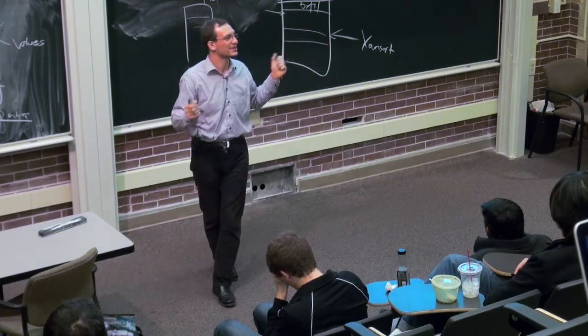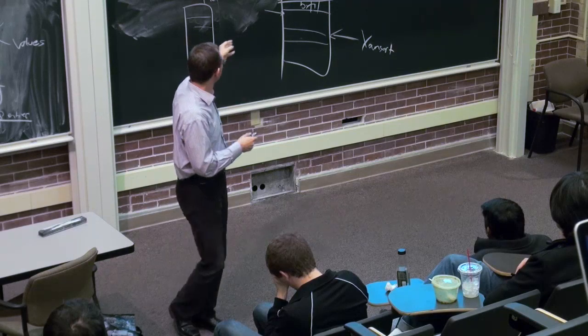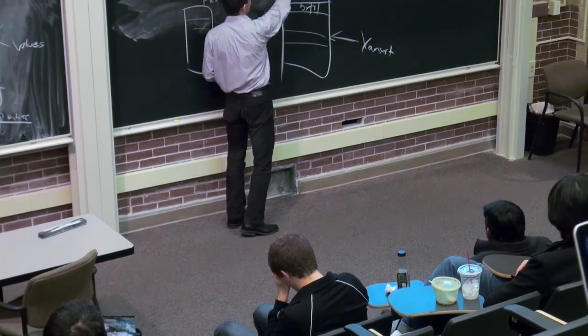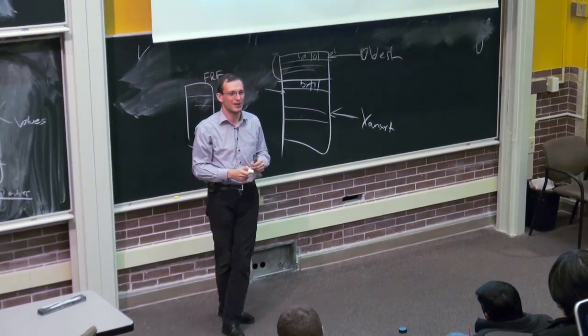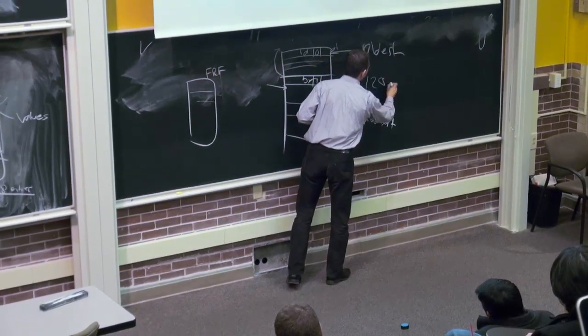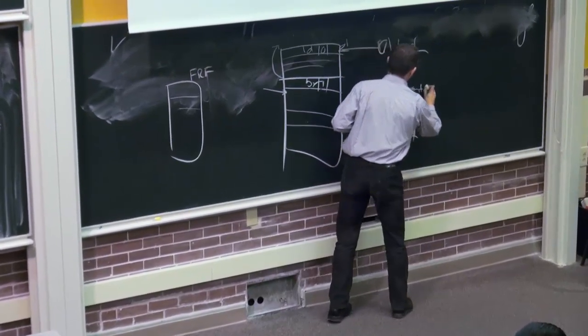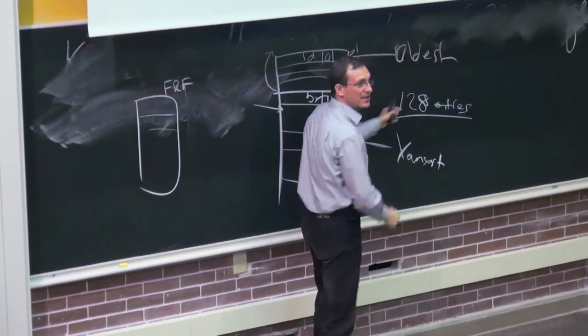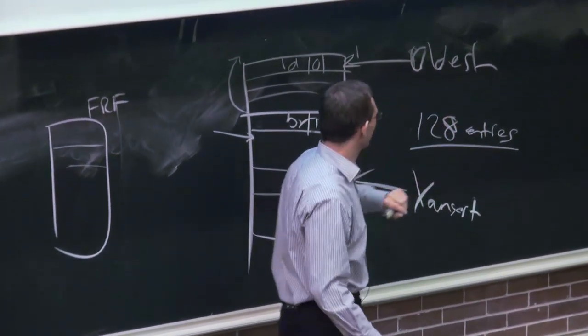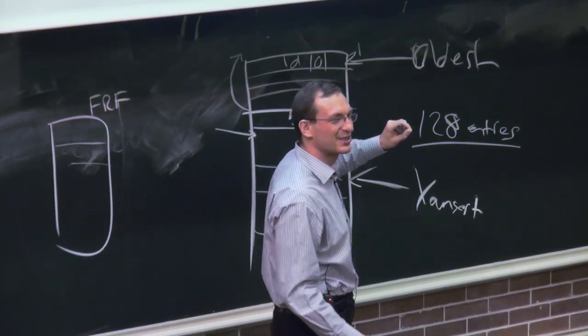That's very, very frequent. And if you actually need to wait until the branch becomes the oldest instruction in the machine, you'd be waiting for a while, right? Assuming your reorder buffer is, let's say, 128 entries, which is not unreasonable. Pentium 4 had a 126 entry reorder buffer. And maybe you can imagine why it's 126.